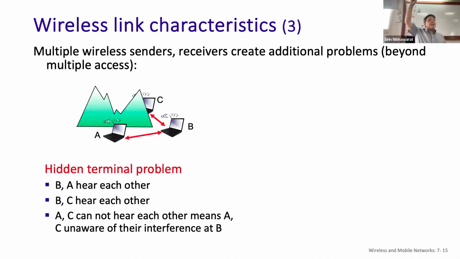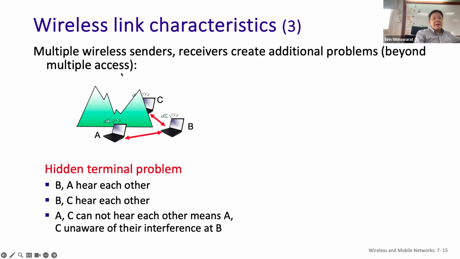So when we talk about a wireless link, typically it is one sender, one receiver. But the situation gets more complex quite rapidly when we consider a wireless network with more than two communicators.